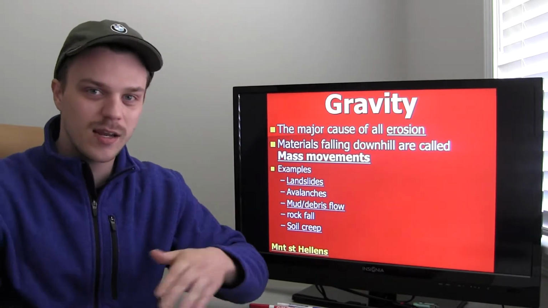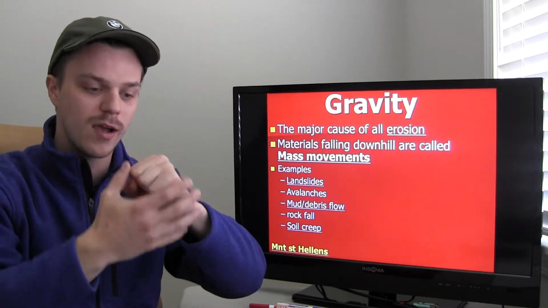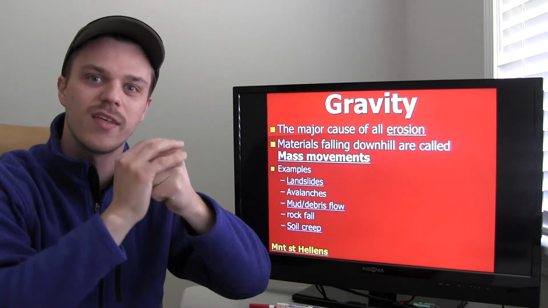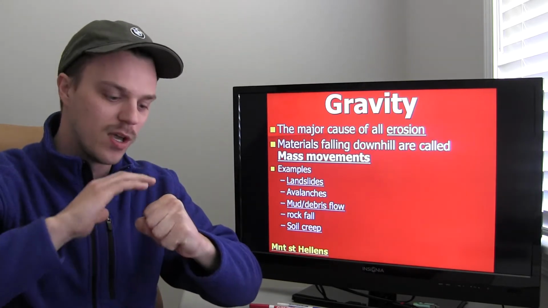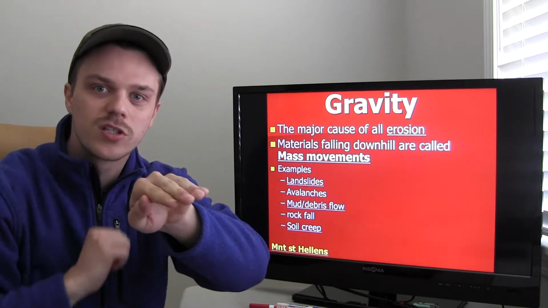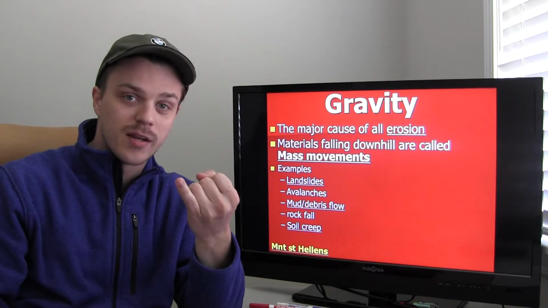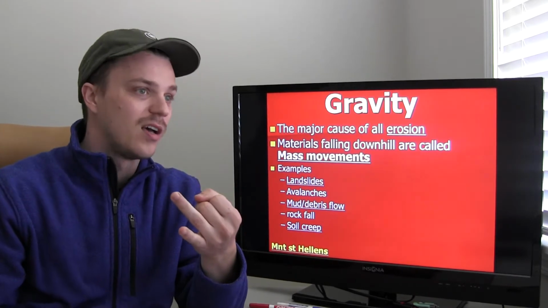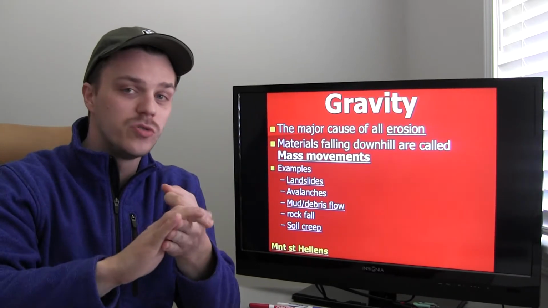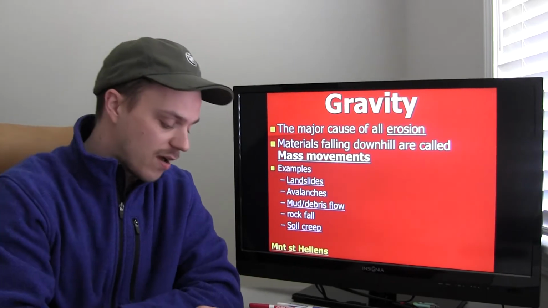But it's just mixed sediments, and they're not going to be rounded and smooth because they don't have that time like rocks do in a stream to break off all those sharp edges and smooth themselves out. So mass movements are unsorted sediments. They're not layered, and they happen due to gravity, the force of gravity.